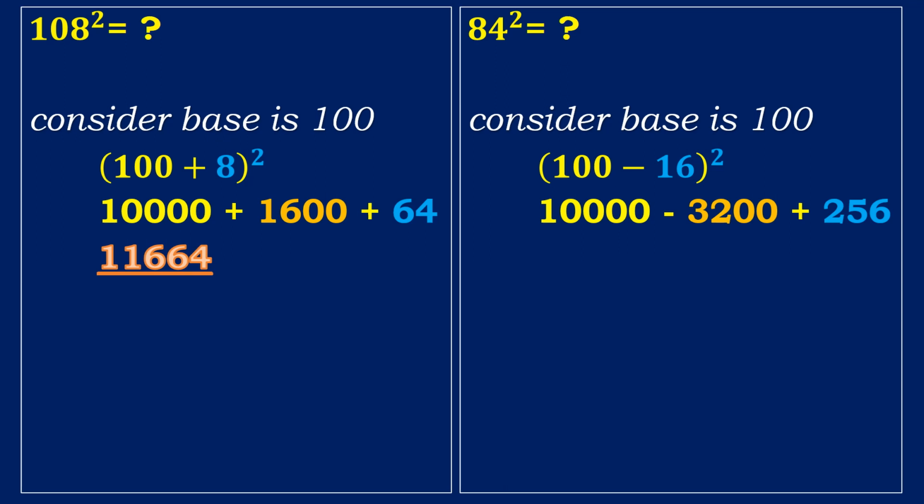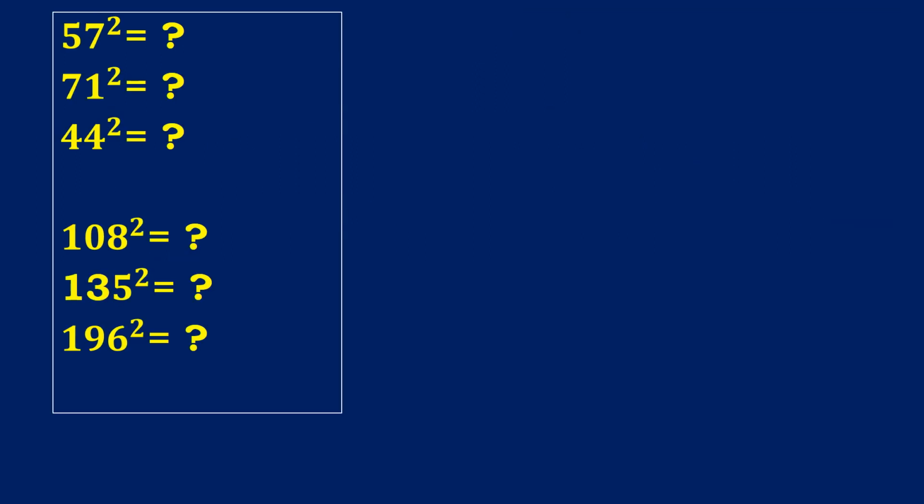Combine these values, 10,000 minus 3,200 plus 256. As a result, 84 square is 7,056. Let's see how many of you can solve these 6 questions and get all 6 of them correct.